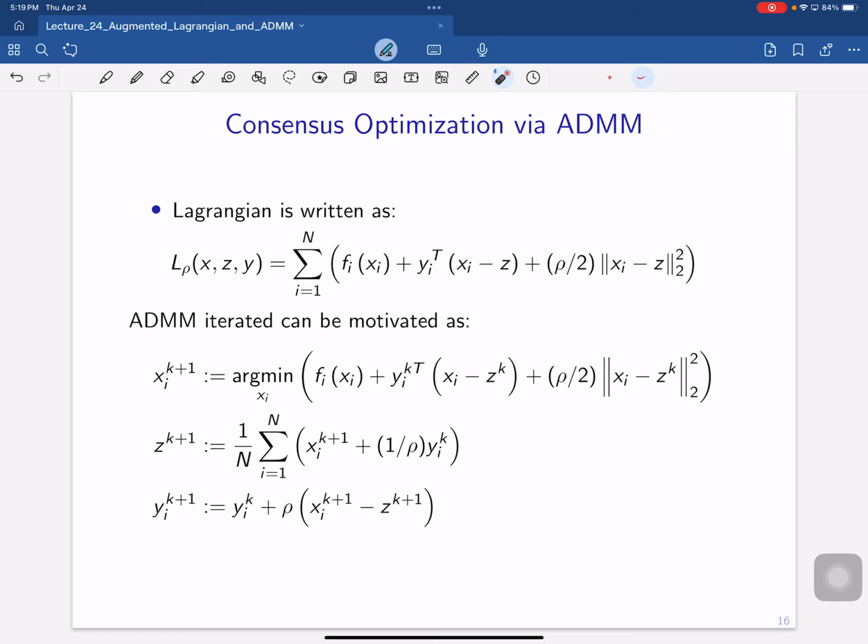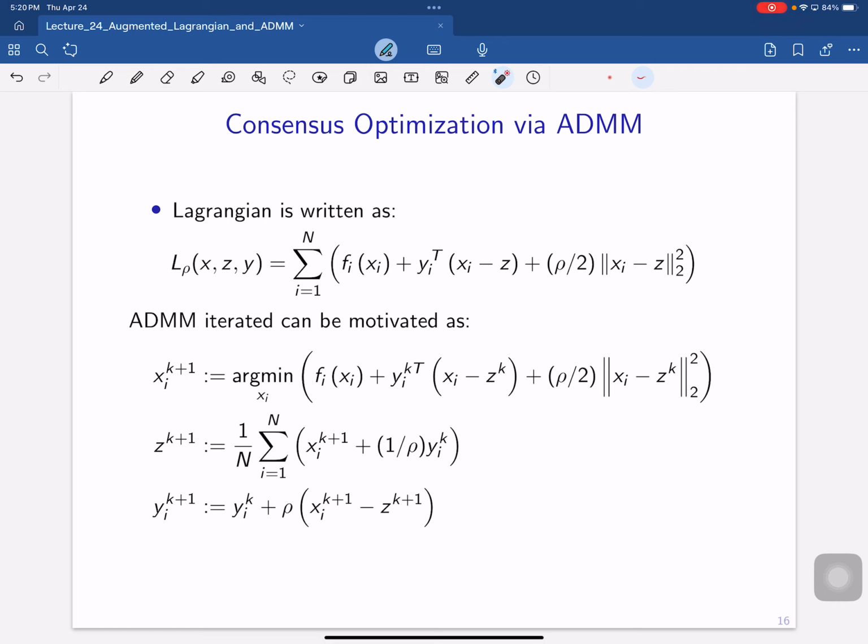In this case, we are not strictly following ADMM, because you want to update all the xi's individually instead of sequentially. You probably don't need that here because this is already a separable problem.